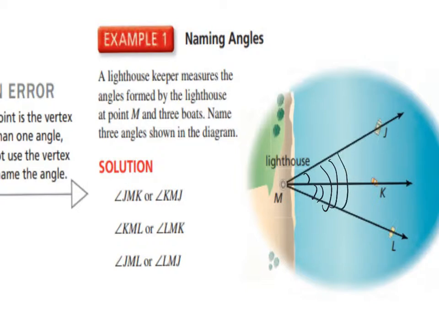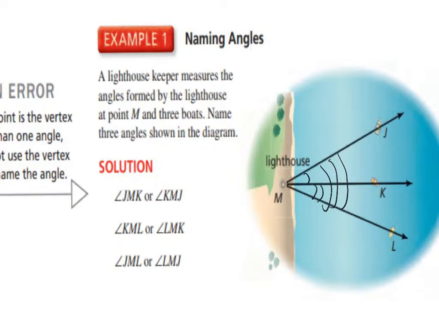So you can name it a couple different ways. It says a lighthouse keeper measures the angles formed by the lighthouse at point M and 3 boats. Name the 3 angles shown in the diagram. So they have JMK, and that can be named as KMJ. They have KML, which is the same thing as angle LMK.